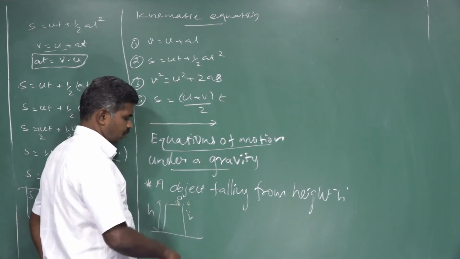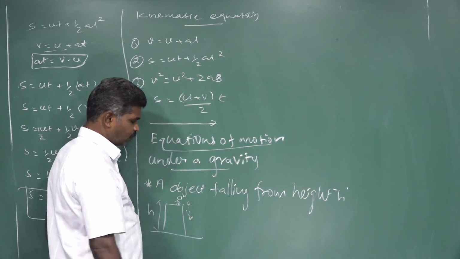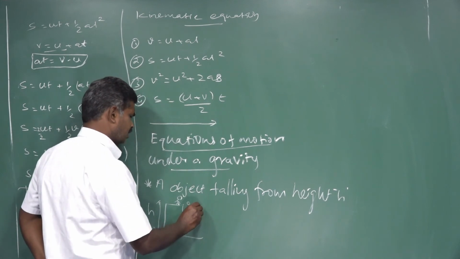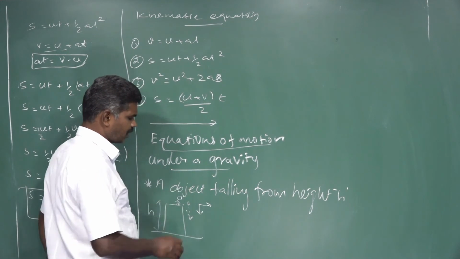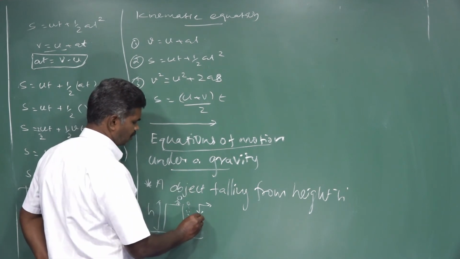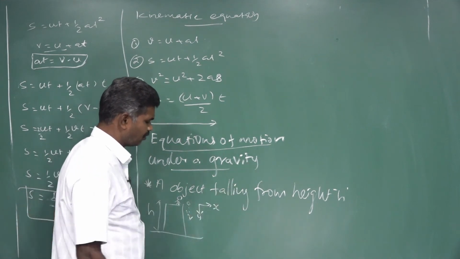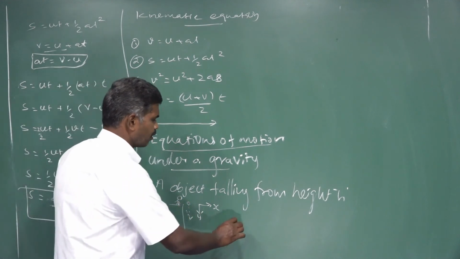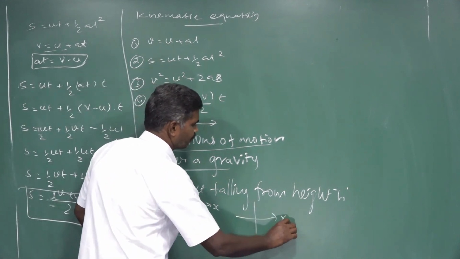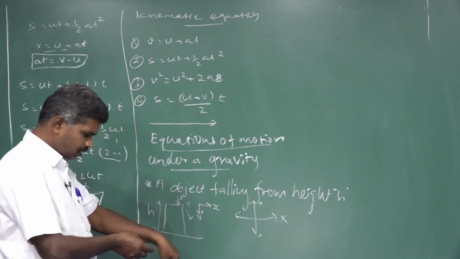For deriving the equations for downward falling, we take coordinate axes, x and y axes. For our convenience, we take downward as the positive y axis, because our particle movement is in the downward direction.